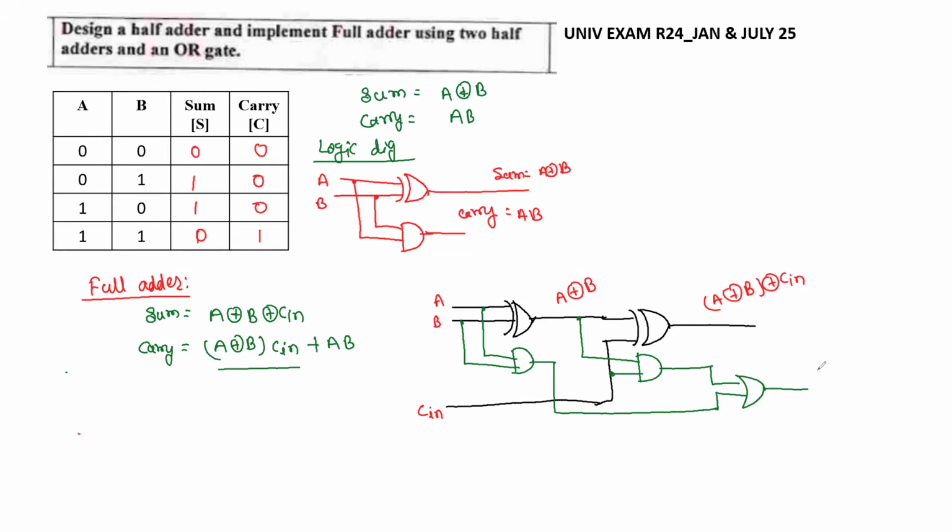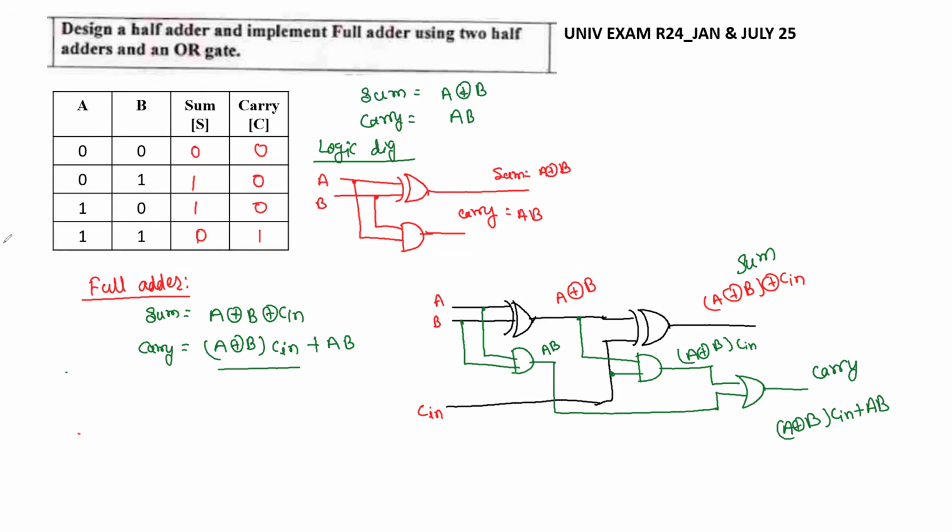This one is going to give us the carry, and this one is the expression for the sum. Here at this stage we have AB, and this is A XOR B, which is ANDed with C in, and this is the carry expression. So here we have (A XOR B) C in plus AB. Like this we can implement it.